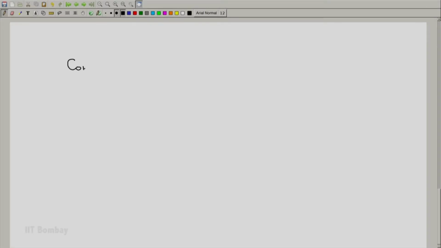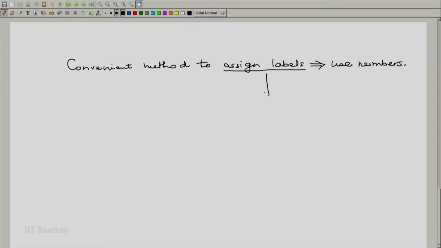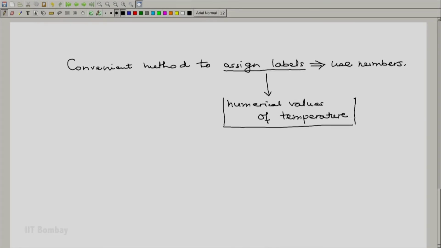A convenient method to assign labels is to use numbers, and this assignment of labels leading to numerical values of temperature leads to what we call thermometric scales.